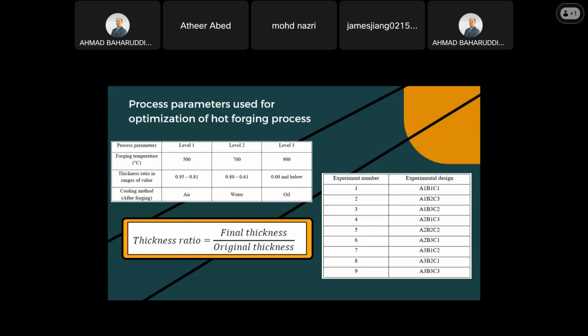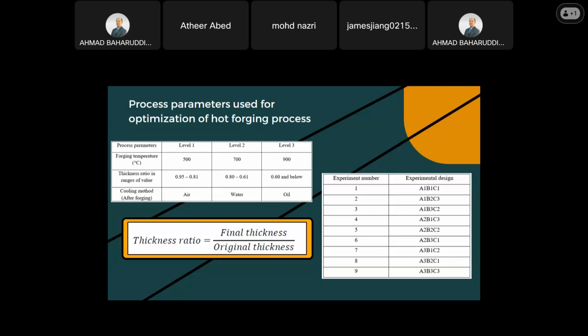The first one is air, the second one is water, and the third one is oil. For oil, we use engine oil. So with these three process parameters and three levels, I have made 9 experimental designs. As you can see here, these are the experimental designs. A1, B1, C1 will mean A1 is temperature, so it's 500 degrees Celsius, B1 is thickness ratio, 0.95 to 0.81, and C1 will be air.